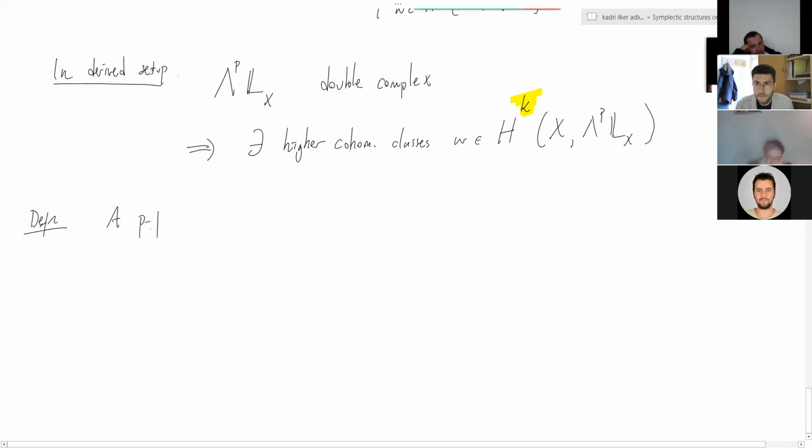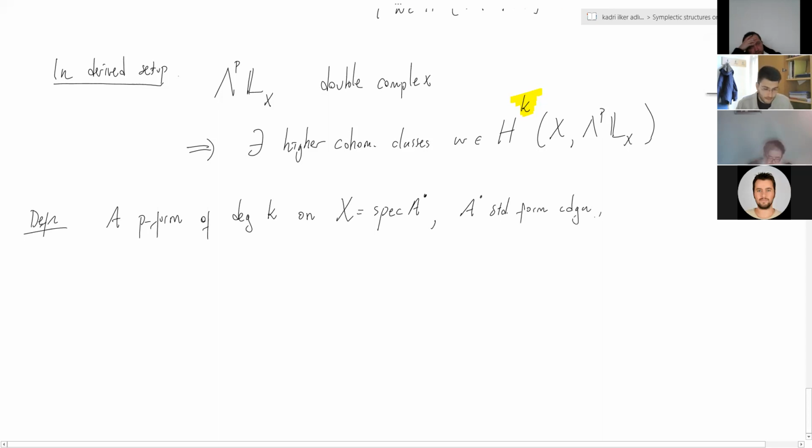A p-form of degree k, as you see the general version, on X, let's say X is just some affine derived scheme. And because of the theorem above, A dot is just, let's say, the standard form, CDGA, minimal, for p positive and k negative.